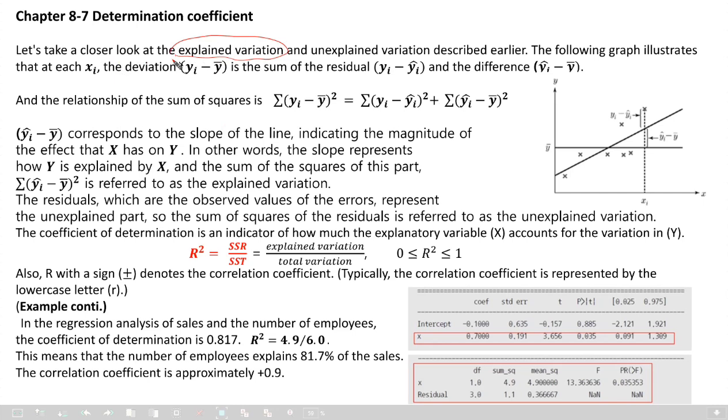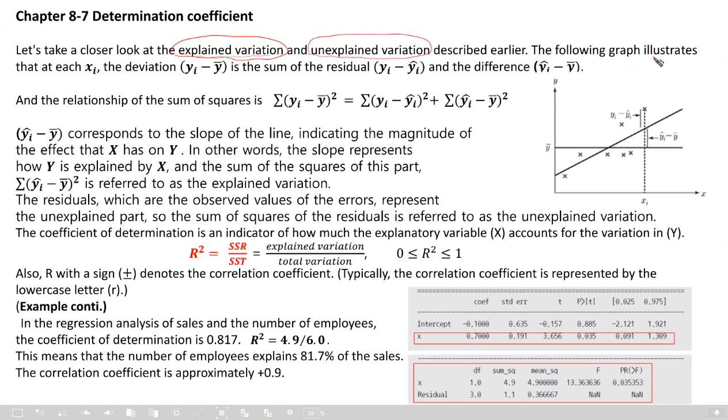In ANOVA we said sum of squares, but here in regression analysis we also use the same terminology, sum of squares. But another thing you need to understand is explained variation and unexplained variation. The terminology just changed, as described last time.